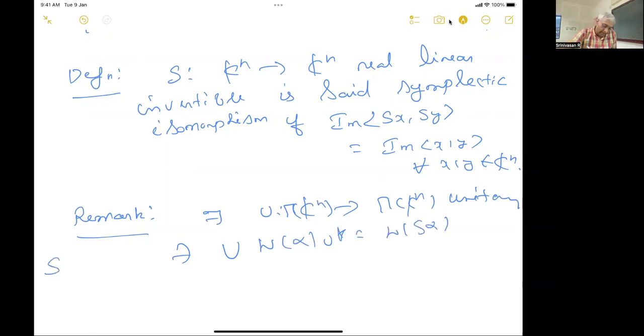The Stone phenomenon implies this: due to the Stone theorem, there exists a unitary, since these two representations are unitarily equivalent. But we want to fix that unitary and get it precisely.